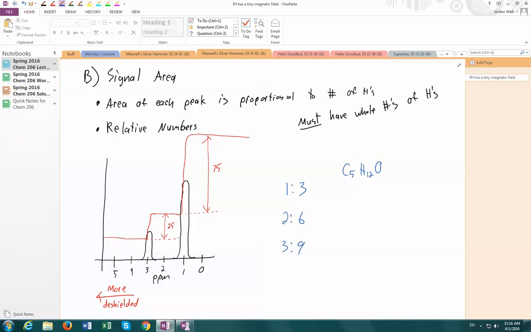And so we know that these numbers are going to have to add up to 12. And so we know that it's the 3 to 9 in this case. So basically, you're going to see how many protons you've got, you're going to take your ratio, and you're going to make sure that it adds up to that number of protons. So in all cases, what you should see are whole numbers here. You're never going to have a ratio of like 1.5 to 4.5. We can't have half protons.